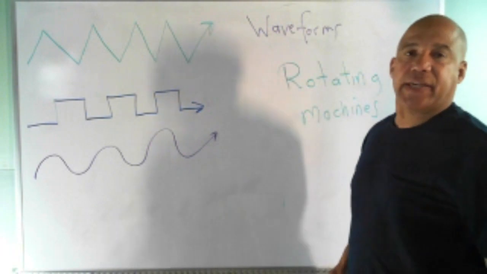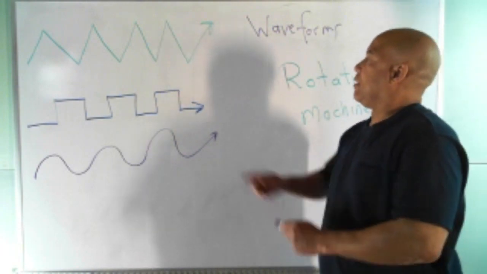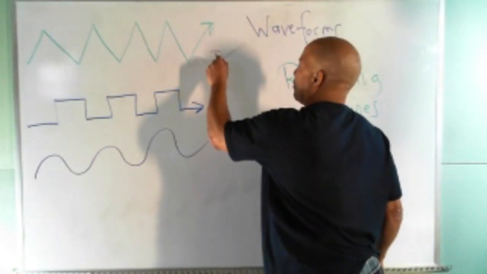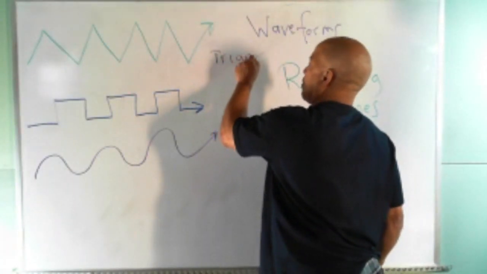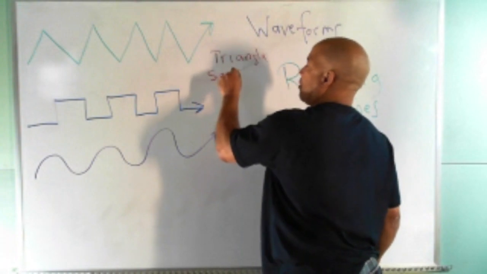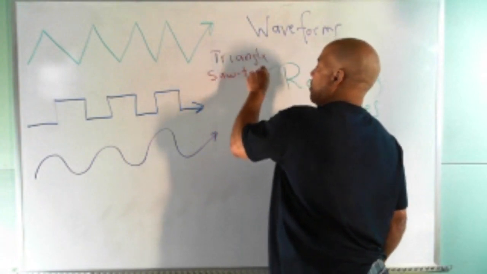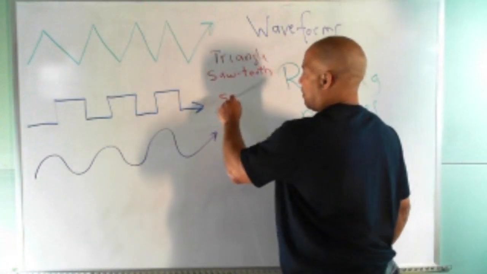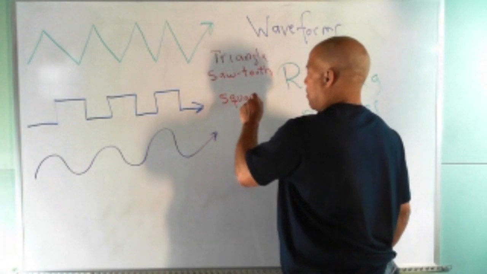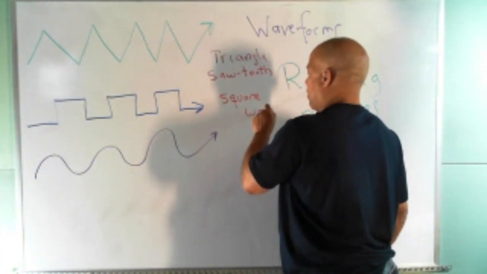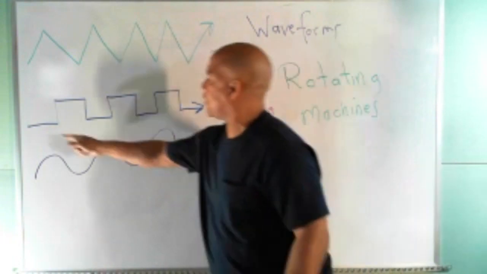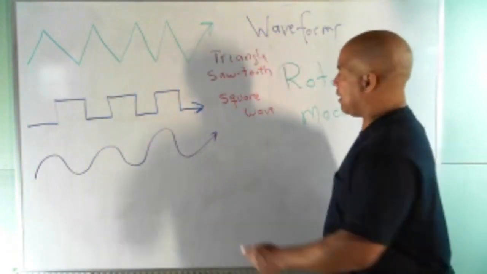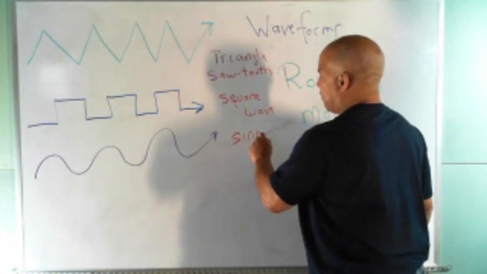They're all AC. This one right here is called a triangle wave or sawtooth, but it's AC. This one right here is called a square wave. But it's also AC. The current is alternating. It's changing. And this one is AC, but this is called a sine wave.